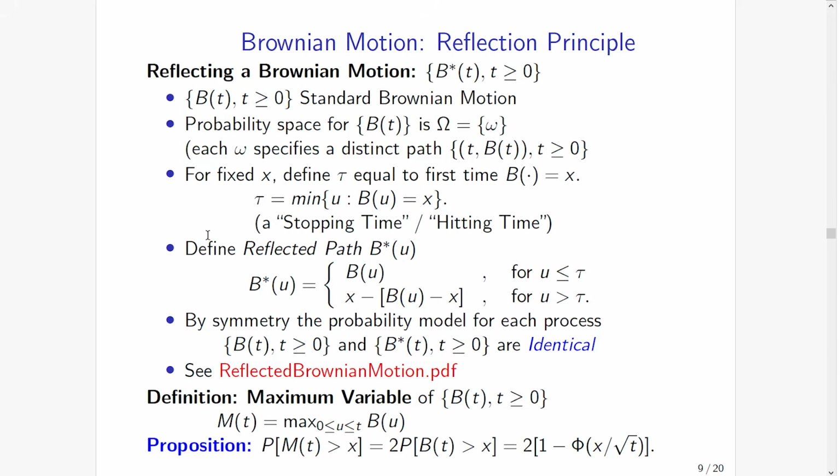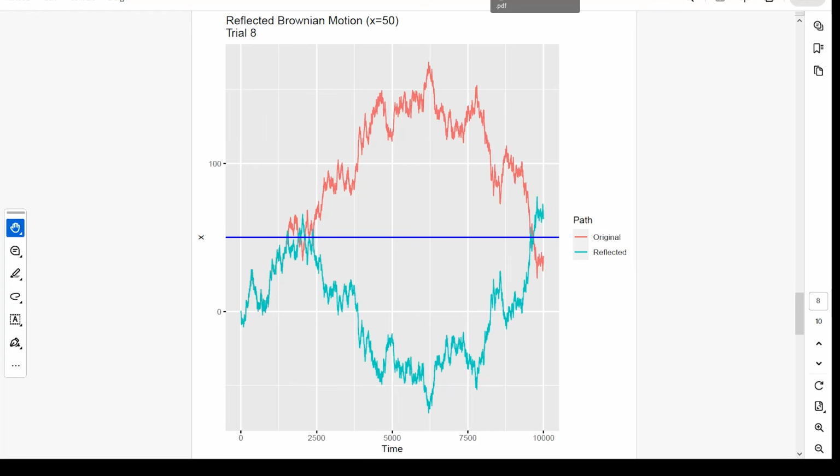So let's take a look again at the reflected paths. If we look at the reflected paths about x, then the red and the green paths have the same probabilities of occurring.